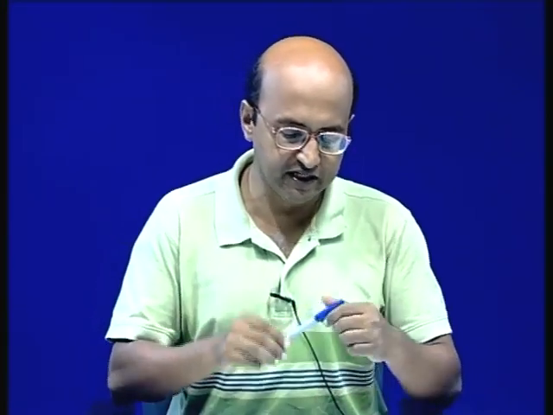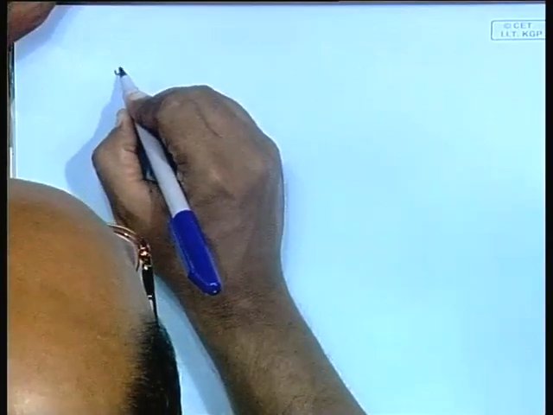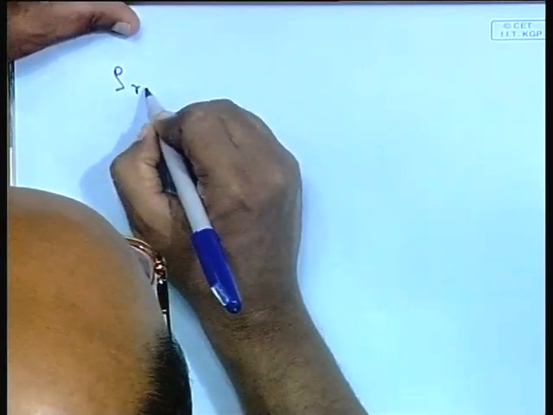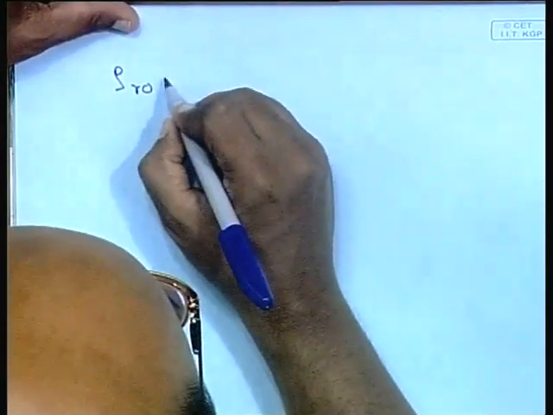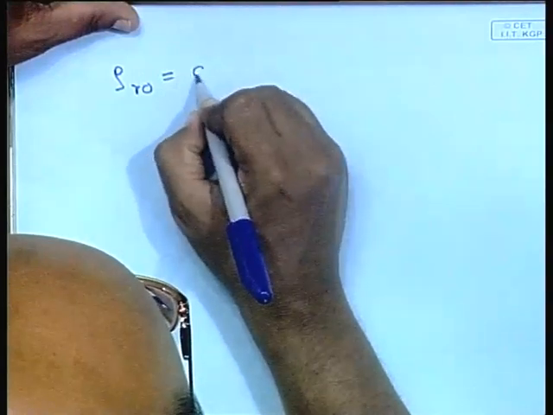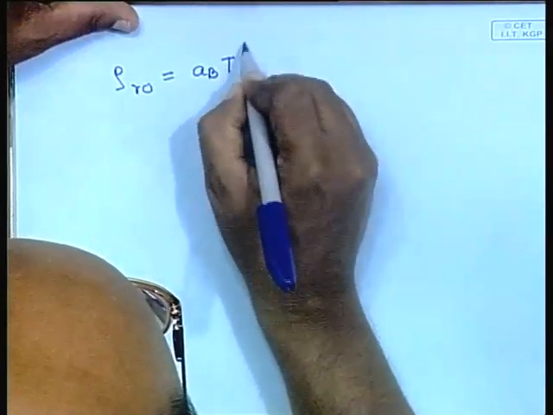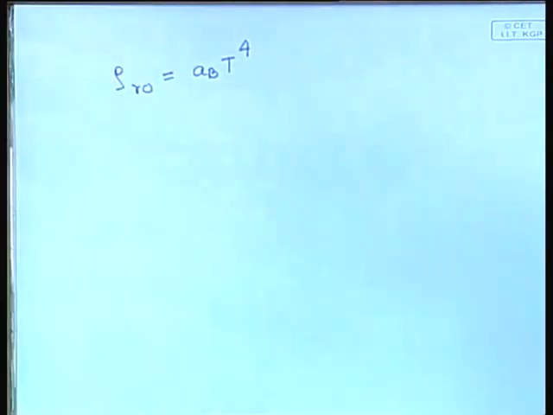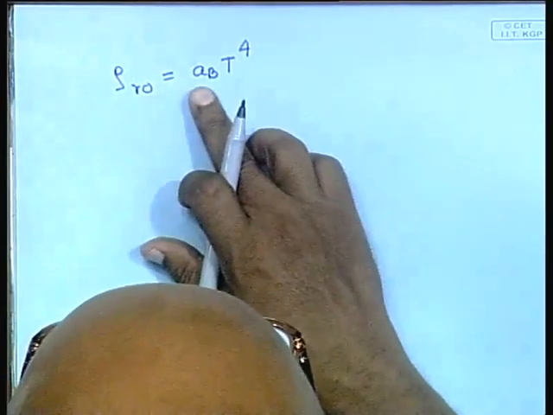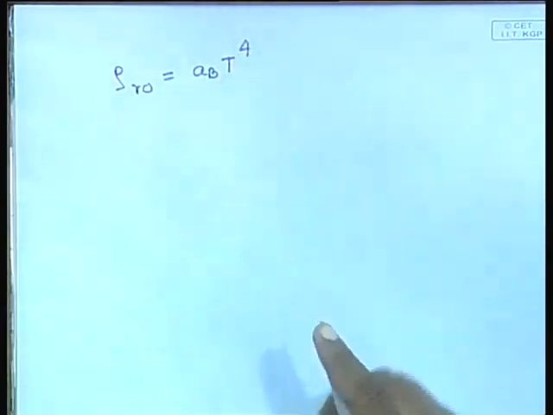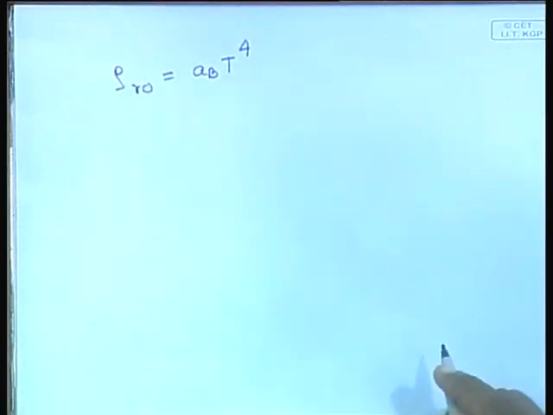Now, we also know though that the energy density in these photons scales as T to the power 4, and the temperature we have seen scales inversely with the scale factor.